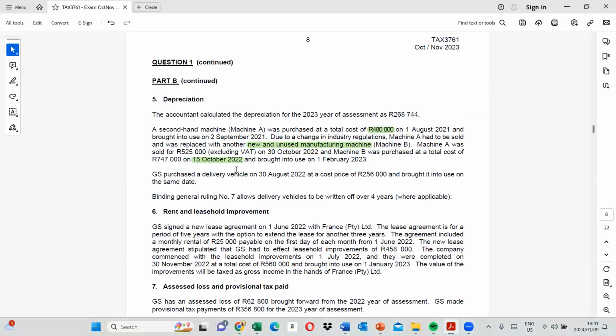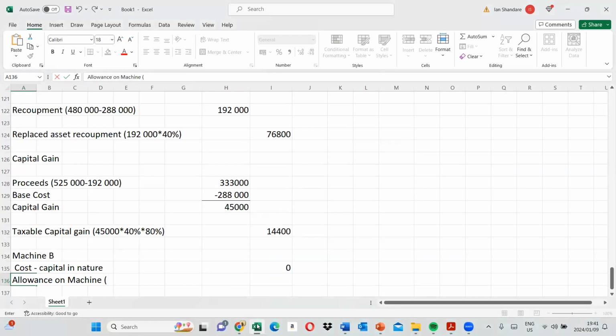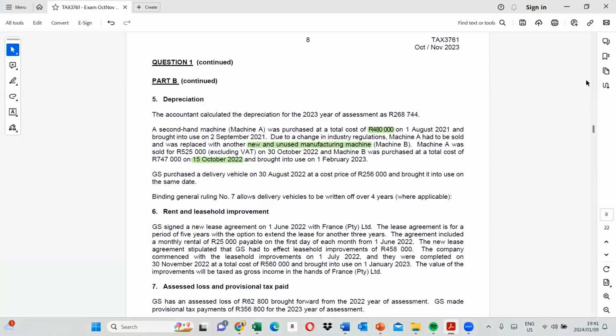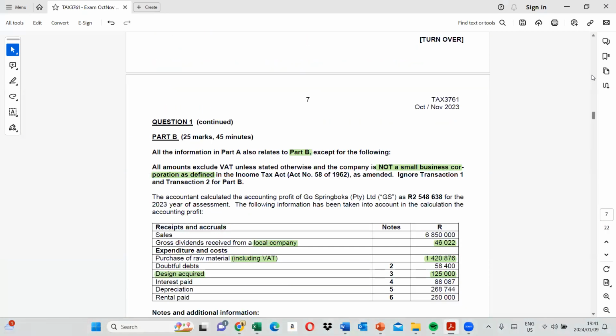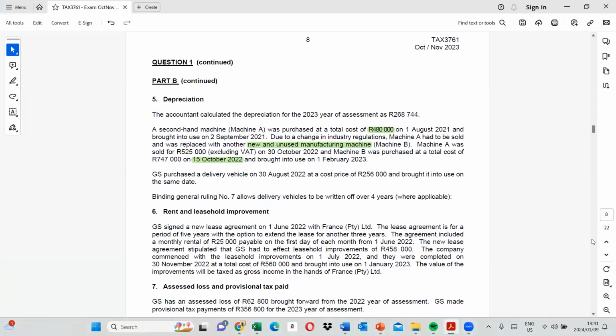In this case, how much is our allowance for machine B? We bought machine B at a total cost of 747. Is this amount inclusive of VAT? It's very important to pay attention to that. In this case, all amounts exclude VAT unless stated otherwise, so we can assume that this amount does not include VAT.